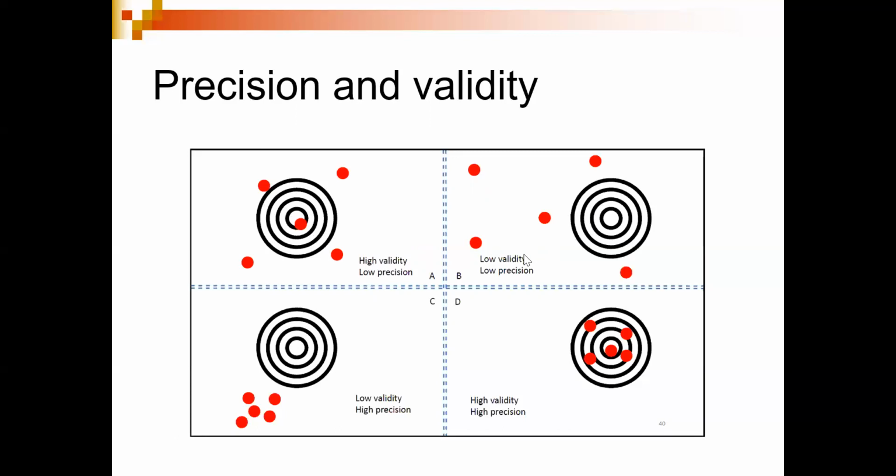This one has both low validity and low precision. Then this one, we have got high precision. All your hits are very close to each other, but they are far away from what you're measuring, which really means low validity. They are precise, but not valid.